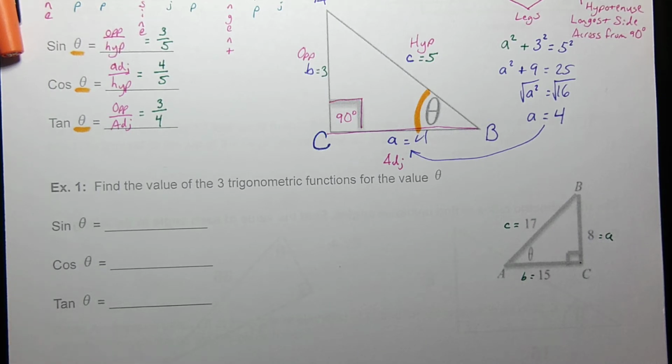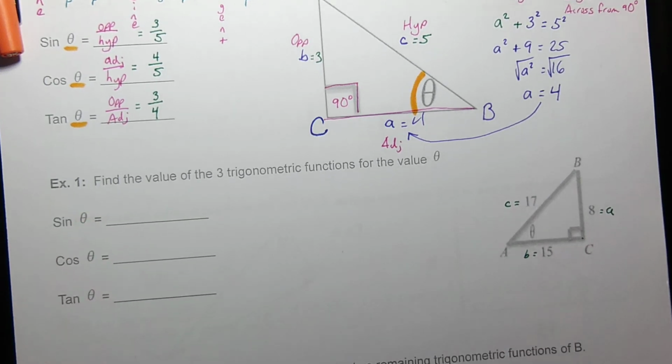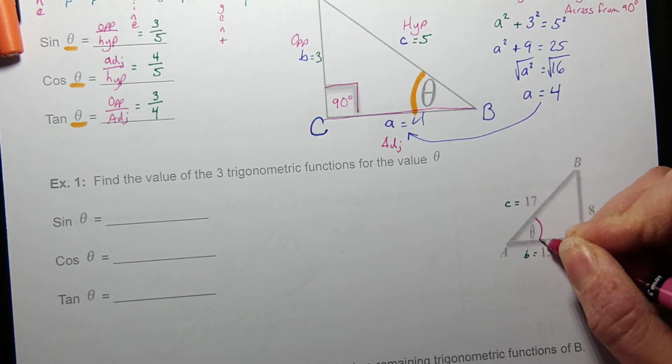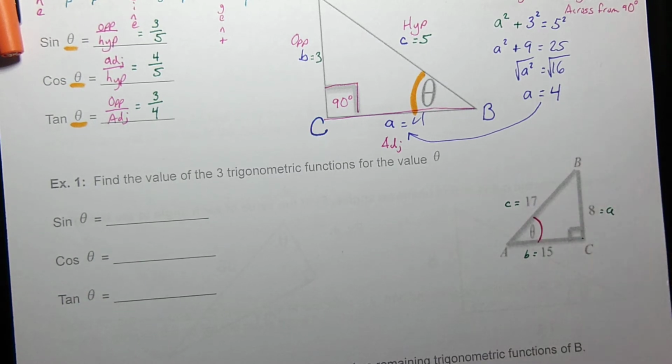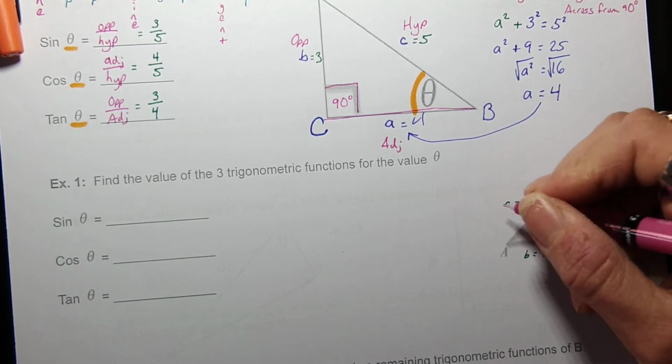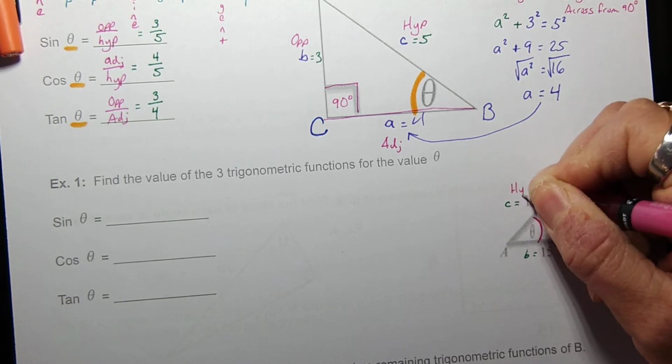So if I want to find sine of theta, we first mark the angle that we are looking at. The angle that we are looking at is A. Next, we want to determine who's the opposite side, who's the adjacent side, and who's the hypotenuse side. I would start with the hypotenuse side since it's always going to be the same. Who is our hypotenuse? C, or 17.